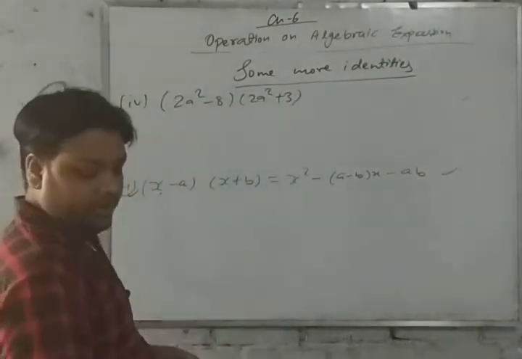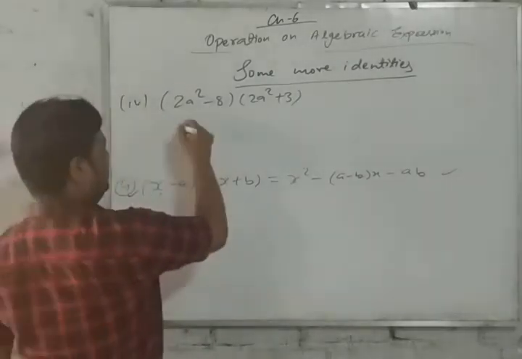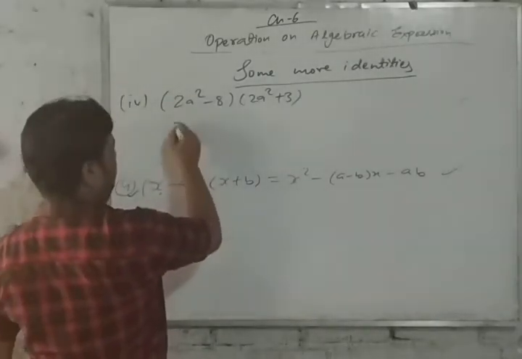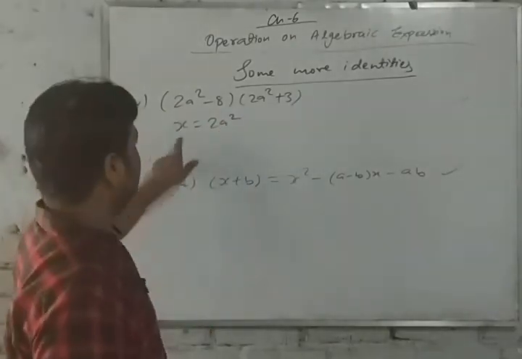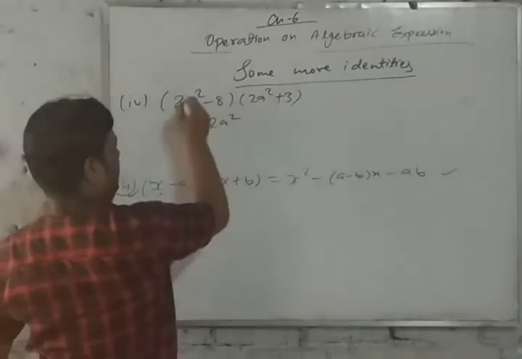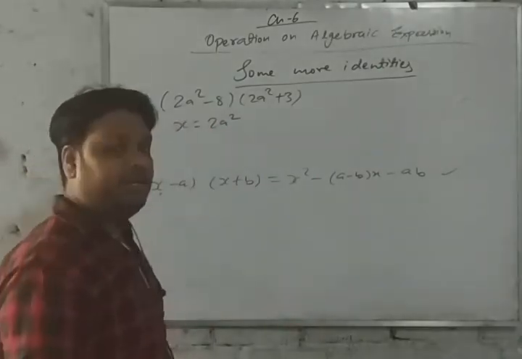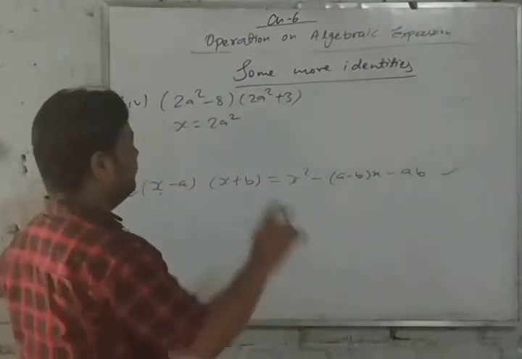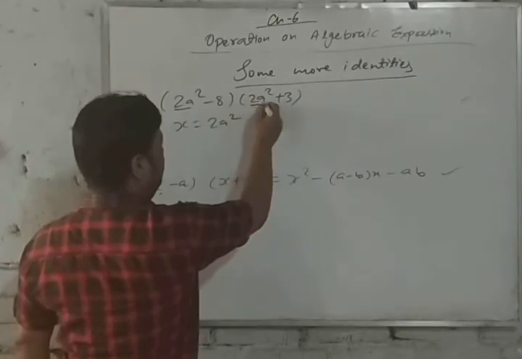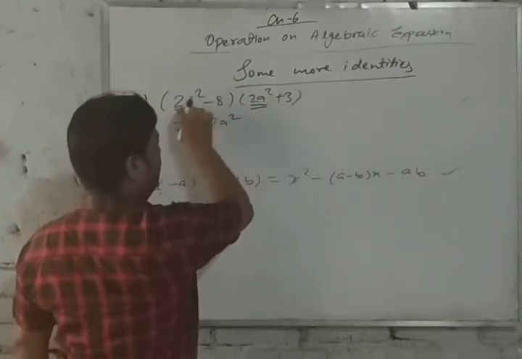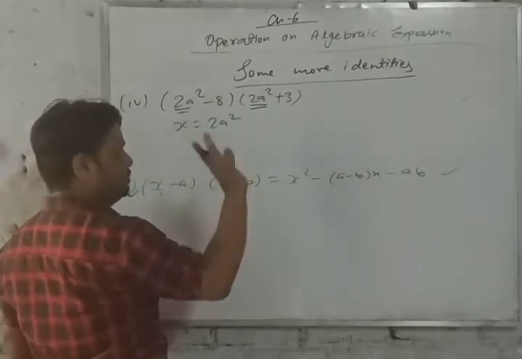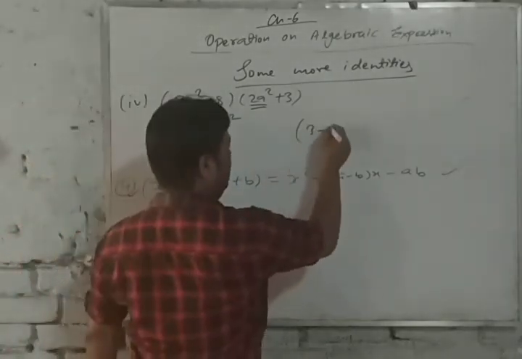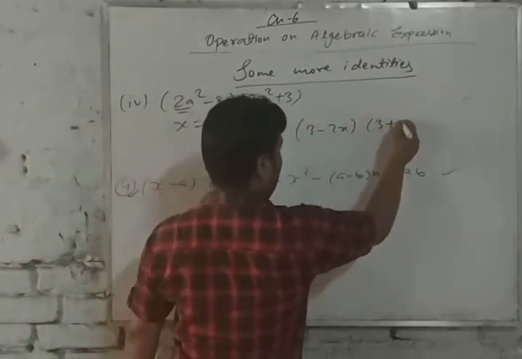Okay. Now, solve it. At first, instead of x, what is given? 2a square. Instead of x, the value is 2a square. And what is x? How do we find that? The term which is matching in both terms will be x only. The question can be like that also: 3 minus 2x and 3 plus 2x.